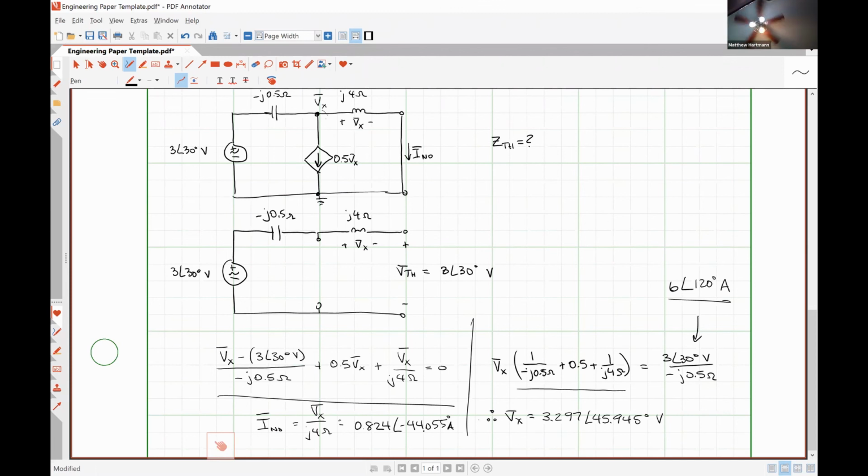All right, so our Thevenin impedance will then be our Thevenin voltage divided by our Norton current. So let me store that.